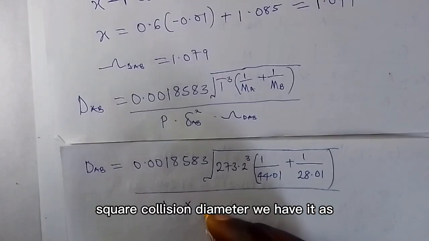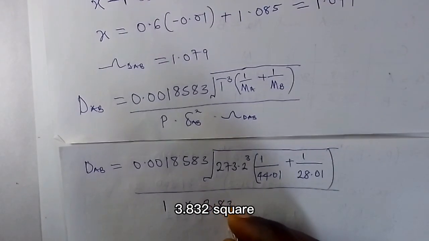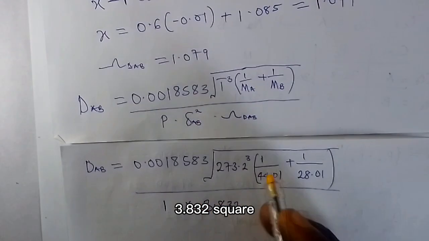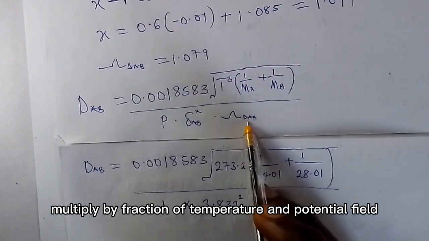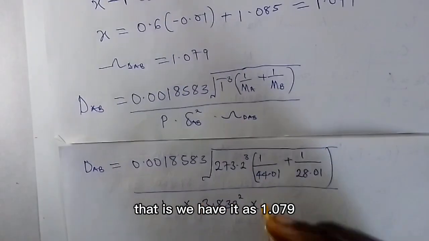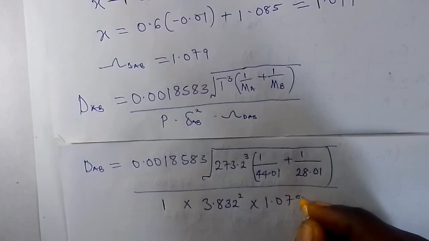Collision diameter, we have it as 3.832 squared, multiplied by fraction of temperature and potential field, which is 1.079.